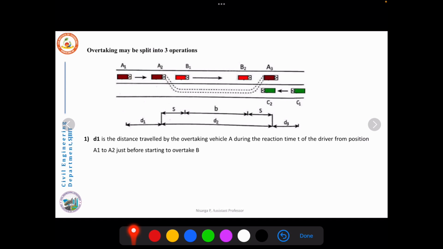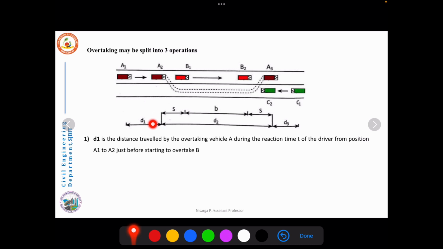That is, the driver of vehicle A decides during the total reaction time to overtake the slow moving vehicle. During that reaction time, vehicle A travels a certain distance and its position changes from A1 to A2. That distance traveled by the fast moving vehicle during the reaction time is known as the distance d1.